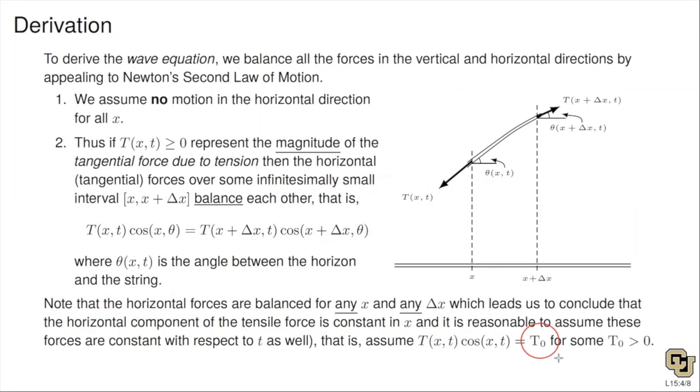When a string actually flexes, it's more dynamic than that, so that may not off the bat be a reasonable model. But here's the art part of building a model. If you try to account for everything that's going on, it's too complicated.